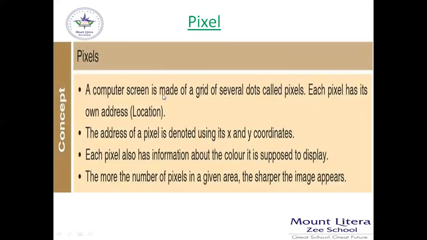A computer screen is made of a grid of several dots called pixels. Each pixel has its own address, its location. The address of a pixel is denoted using its x and y coordinates, meaning vertical lines and horizontal lines.